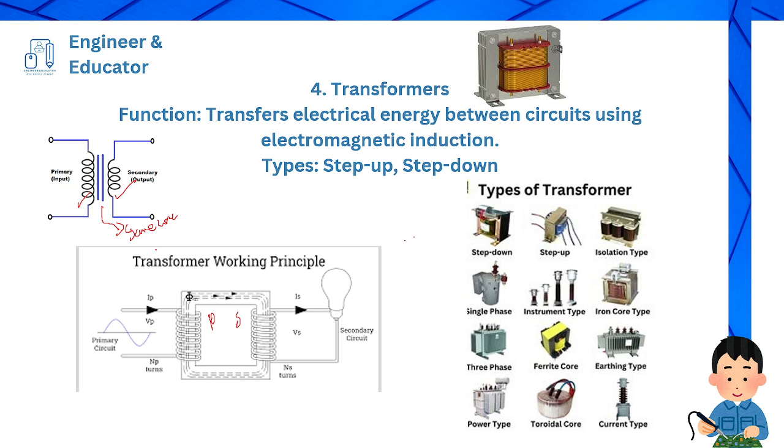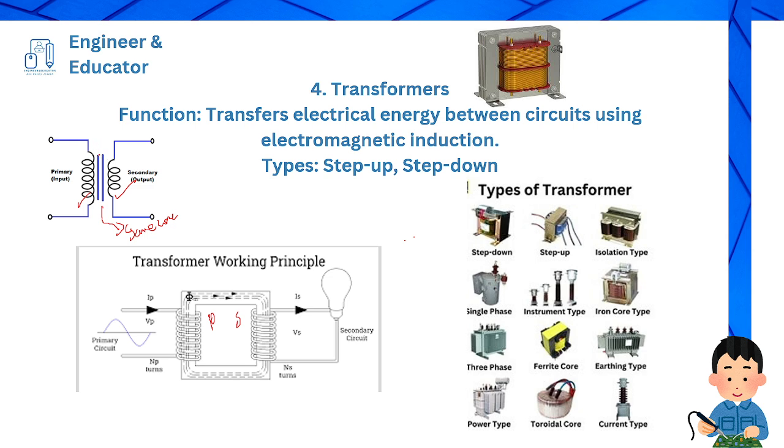When there is a change in current in the primary winding, a magnetic flux, phi, is induced inside the core. Here the core is an iron core; here it is an air core, I think.